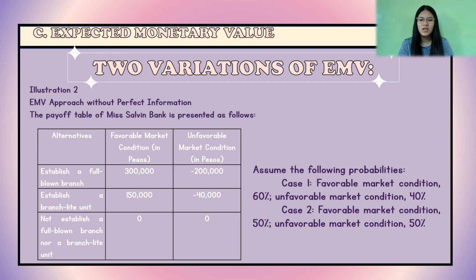Then assume the following probabilities. Case 1: favorable market condition is 60% and the unfavorable market condition is 40%. Sa case 2 naman, favorable market condition niya is 50%, then unfavorable market condition is 50%.